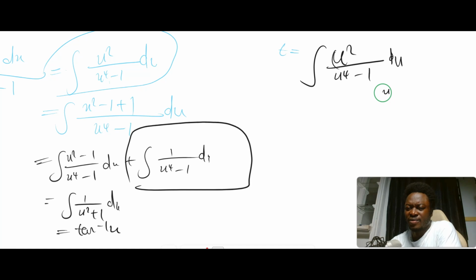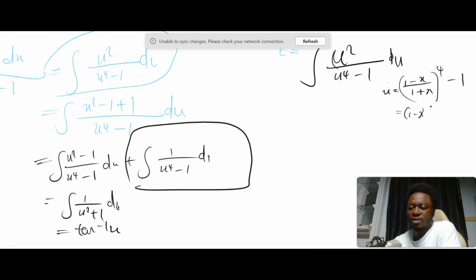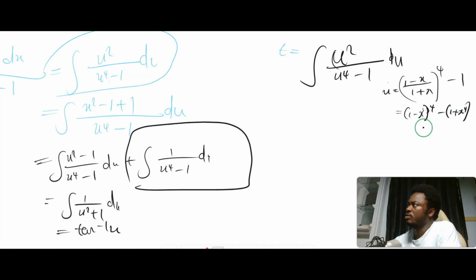Then what if we take u to be 1 minus x over 1 plus x? u to the 4 minus 1 is going to be this, so it's going to be 1 minus x to the 4th minus... x to the 4th power minus 1 plus x to the 4th power. I think this is going to be x cubed plus x or something or so.